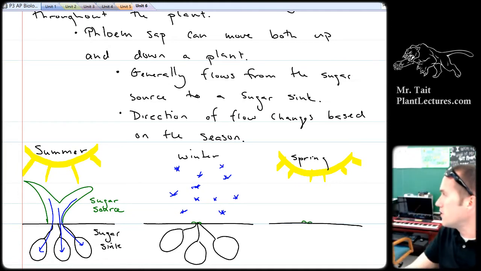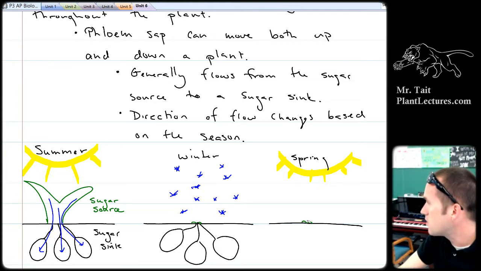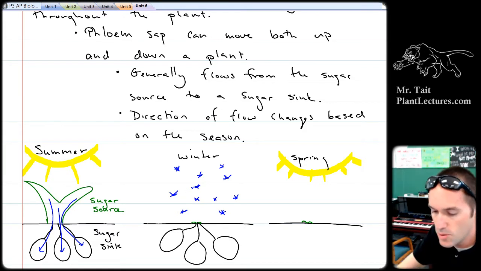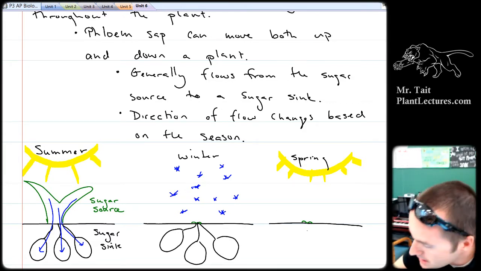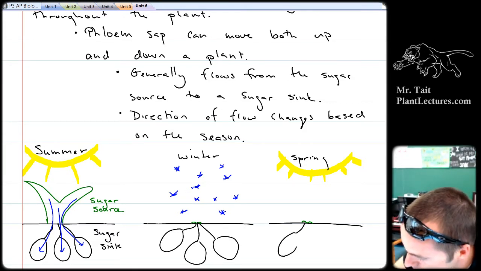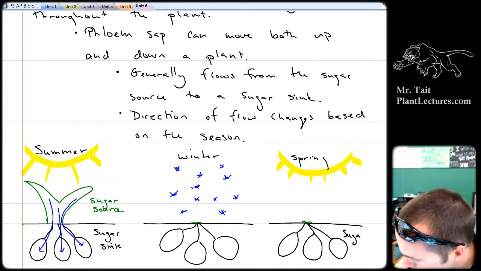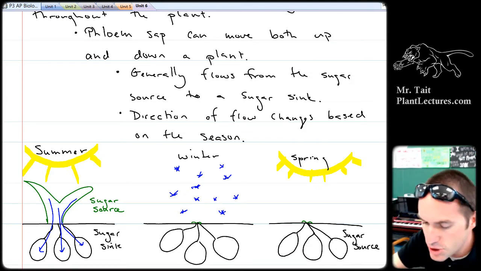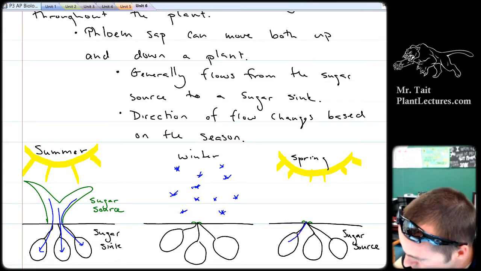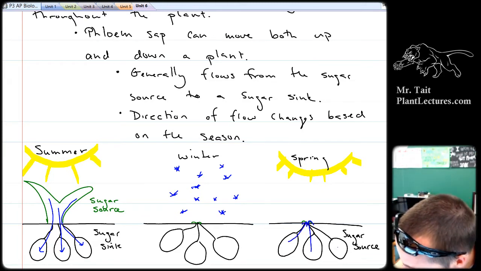Okay? So do these little nubs have enough surface area to go through photosynthesis? No. So what happens is that the potatoes that are underneath the ground become the sugar source, and it starts sending sugar up to the leaves.